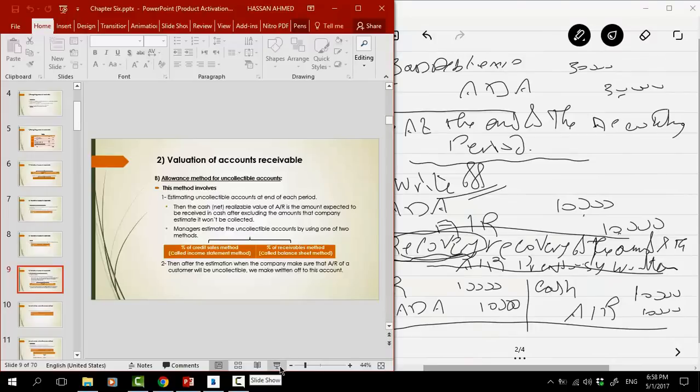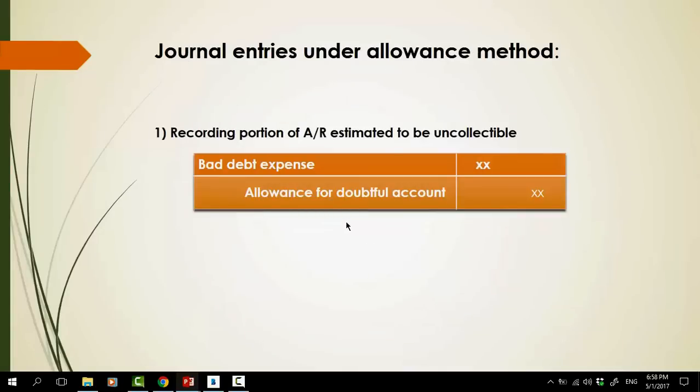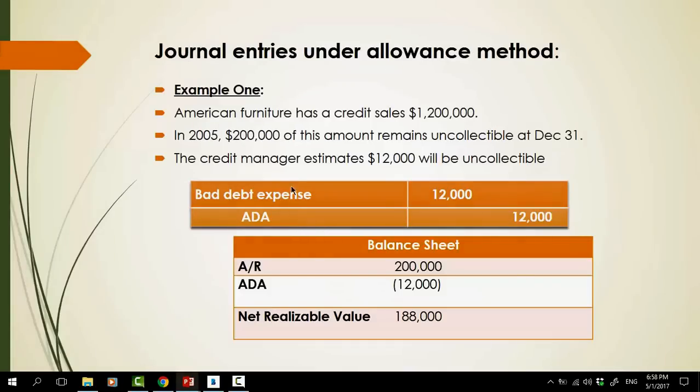Then if we return back or make a general review, American Furniture has credit sales of $1,200,000 in 2005. $200 of this amount remain uncollectible at December 31st.